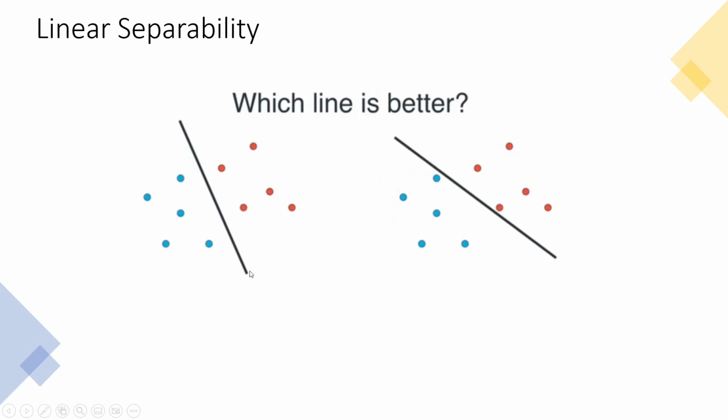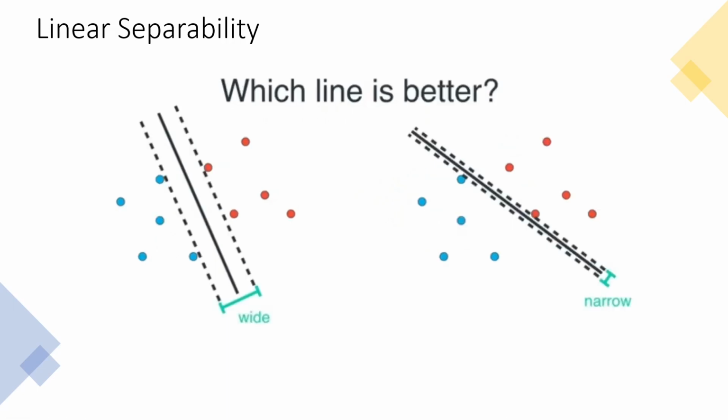This concept we will be using with our support vector machine. We would like to find the so-called ideal line that splits these two classes so that the distance between the closest points and the line is highest. That's what the support vector machine actually does.